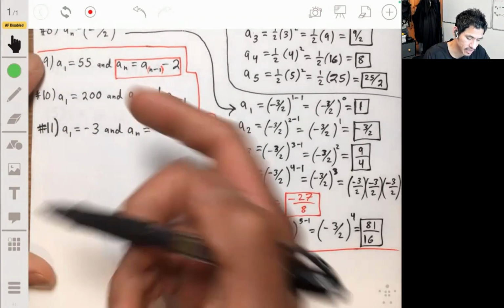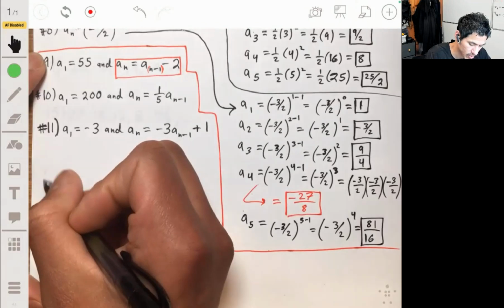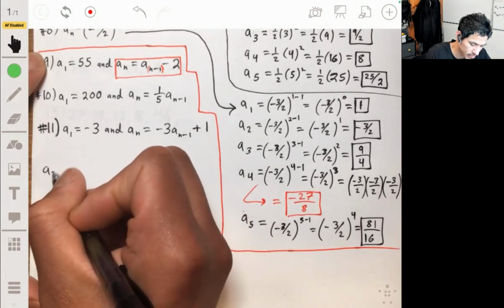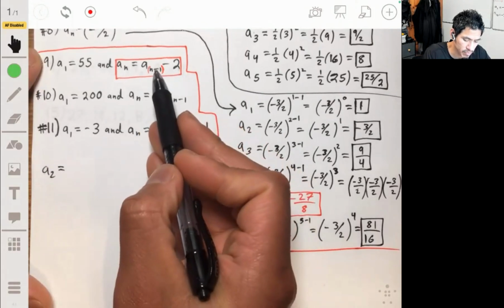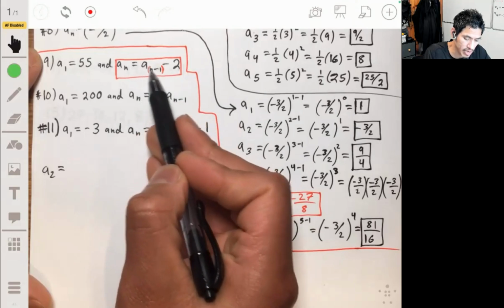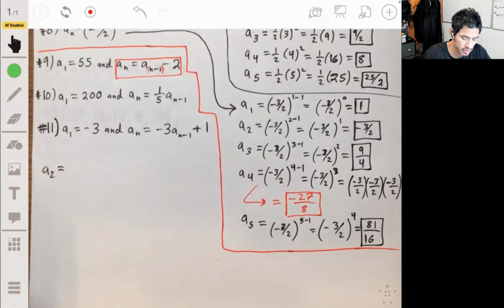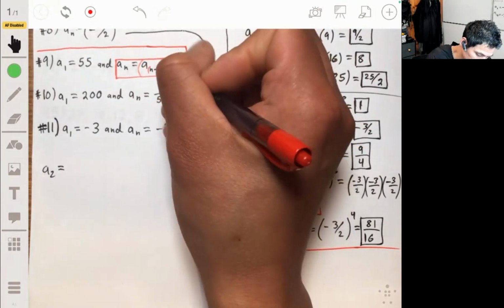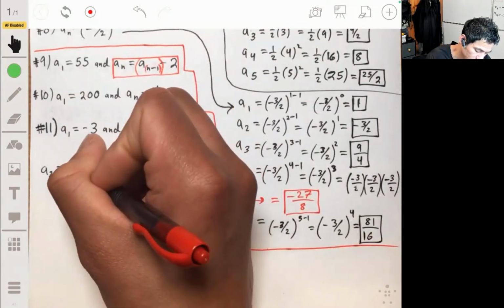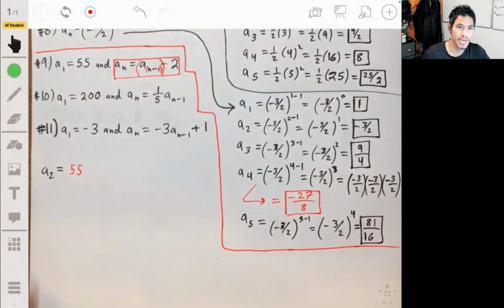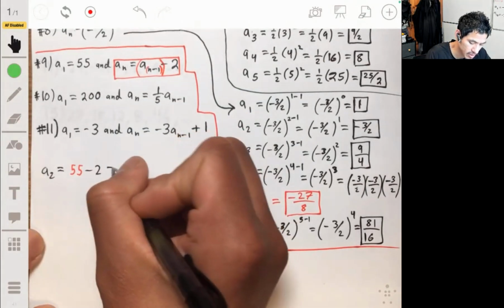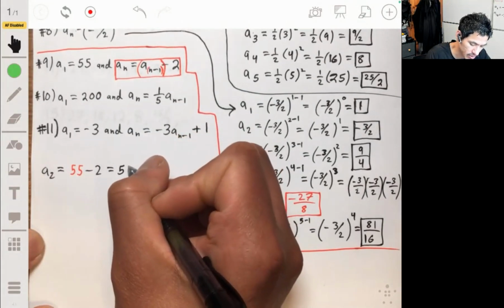So if we want to find a2, we put a1 where this whole expression is, which is 55, and then we subtract 2 from it, which gives 53.